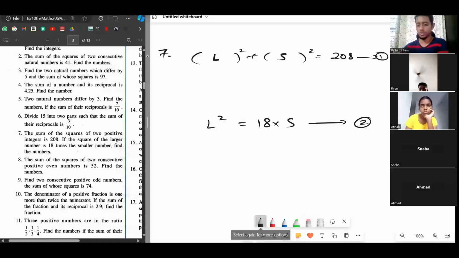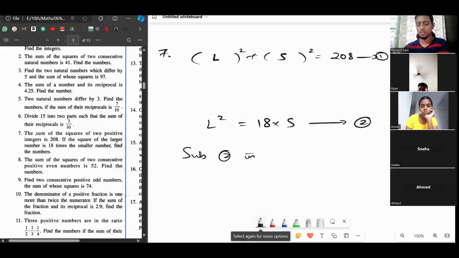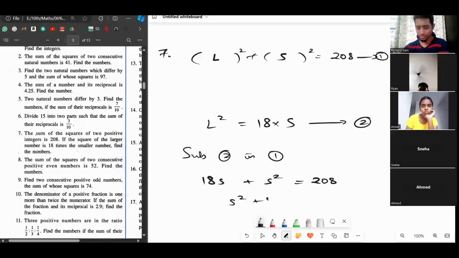So these are our two equations. Now we'll substitute the second equation in the first equation. In place of L square, we'll put 18s. So 18s plus s square equal to 208. You see, it's a quadratic equation. You have s square, you have s, and you have a number. So now we'll rearrange it. First s square, then 18s, and then take the 208 to the left side.